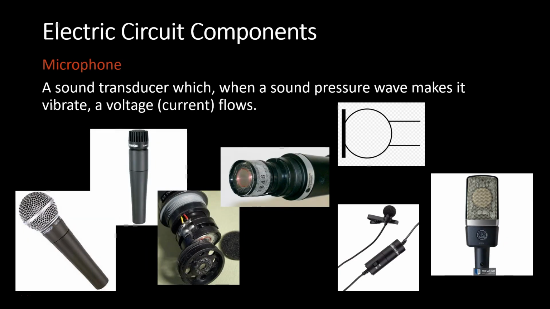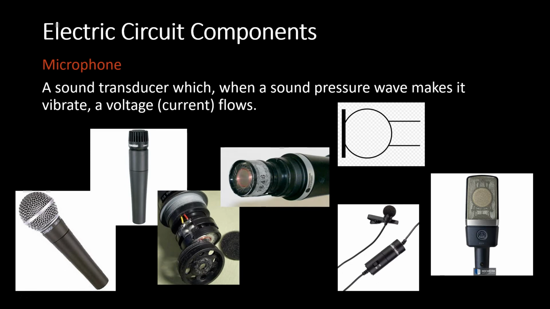The opposite of the speaker is the microphone, and the microphone is in essence identical to the speaker. It is a magnetic center with a coil of wire and a diaphragm as opposed to a cone. And the diaphragm vibrates when sound hits it, causing the coil of wire to move within the magnetic field of the magnet, generating a very, very tiny current in the coil, which is then picked up and amplified by the audio equipment.